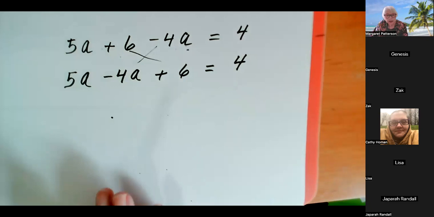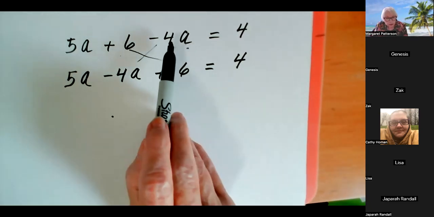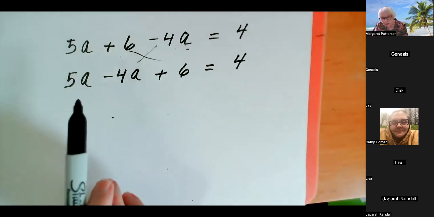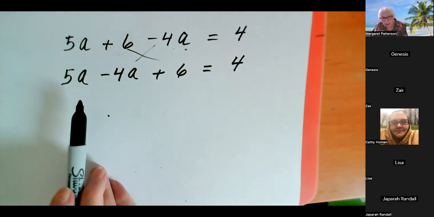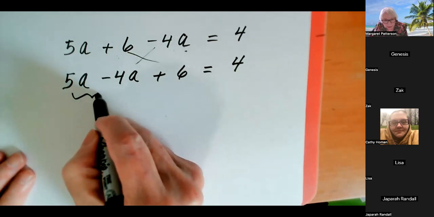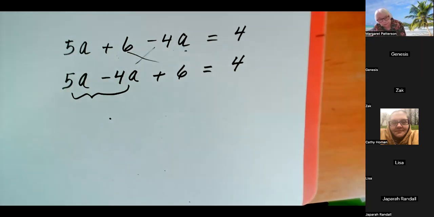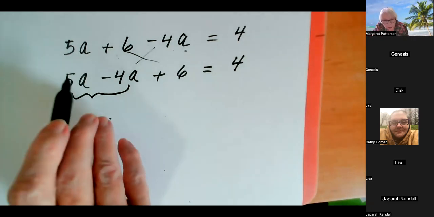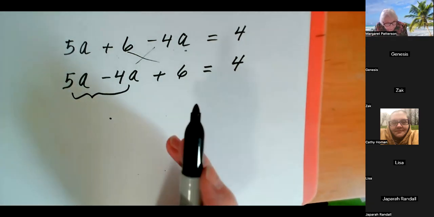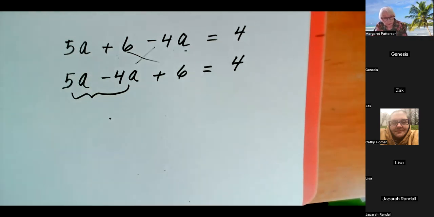So what I did was I switched the order. Notice the minus comes with it. Now I didn't have to write this, but I want you to see the reason I put this together is because these are like terms. That's 5a subtract 4a. Okay?